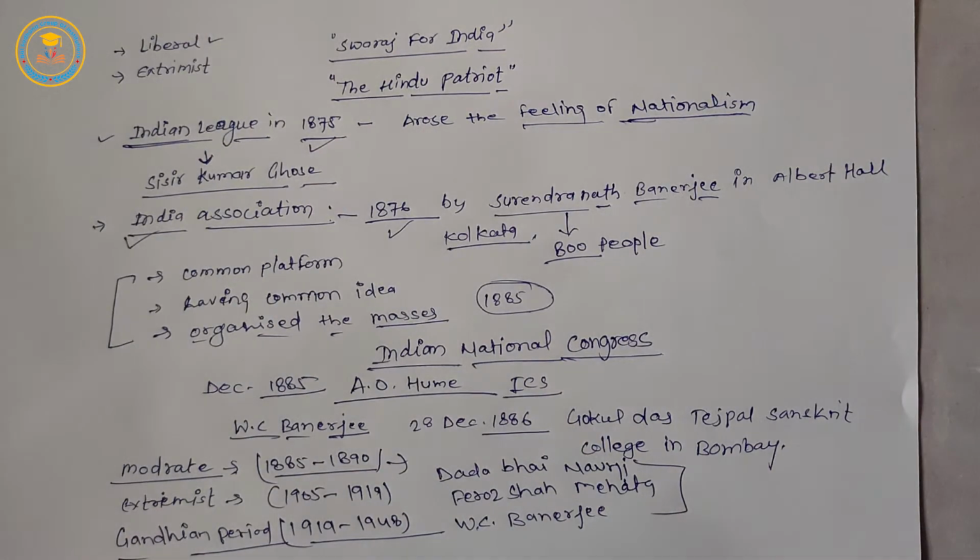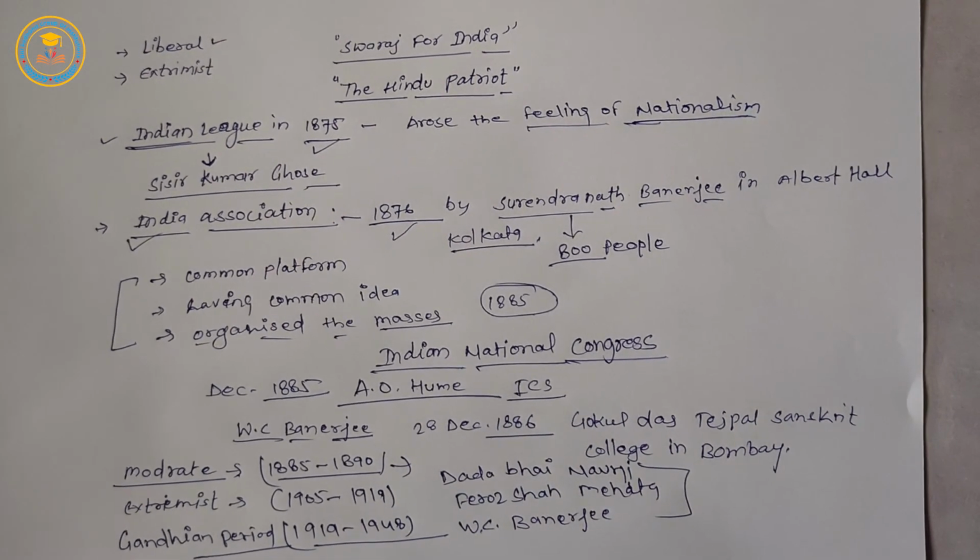These leaders were from the big cities and had no connections with the common people. So in the moderate phase, common people did not come together, only these intellectual classes. Congress did not demand independence and only demanded some concessions for Indians.